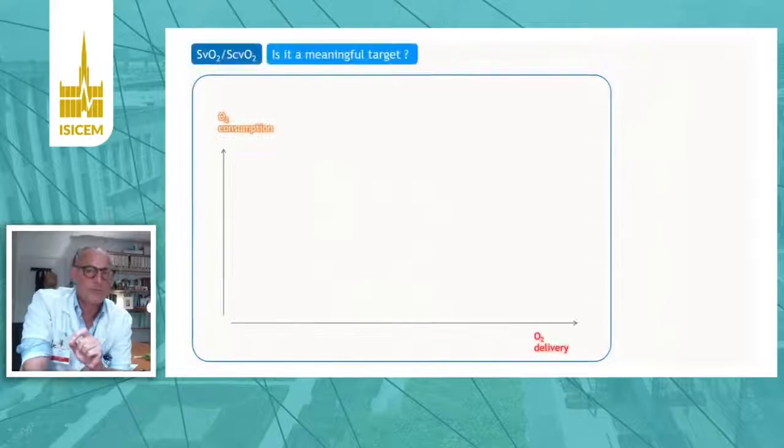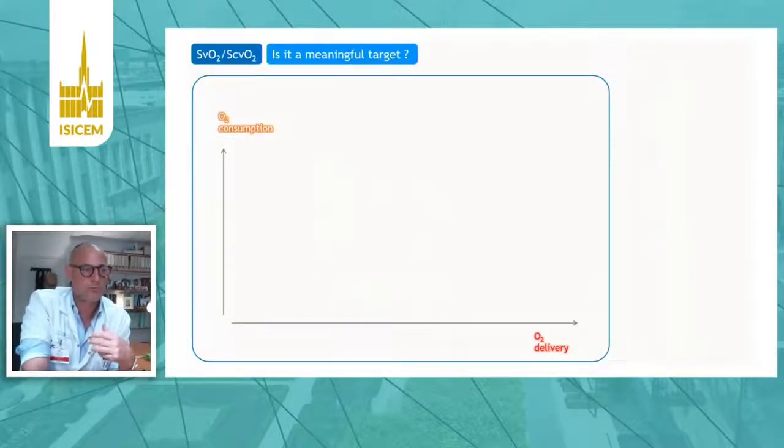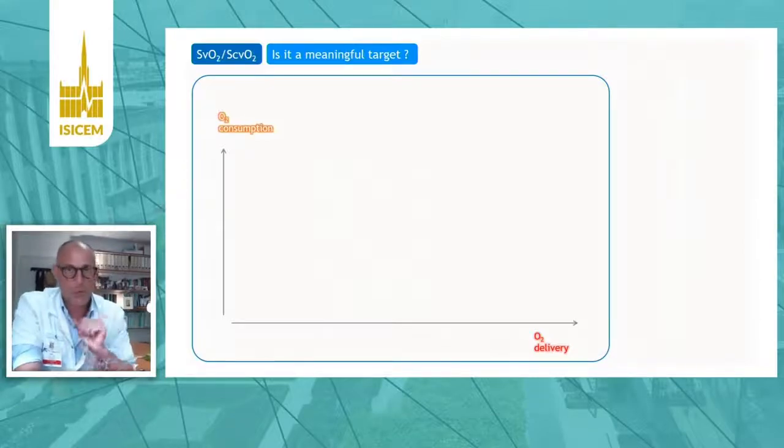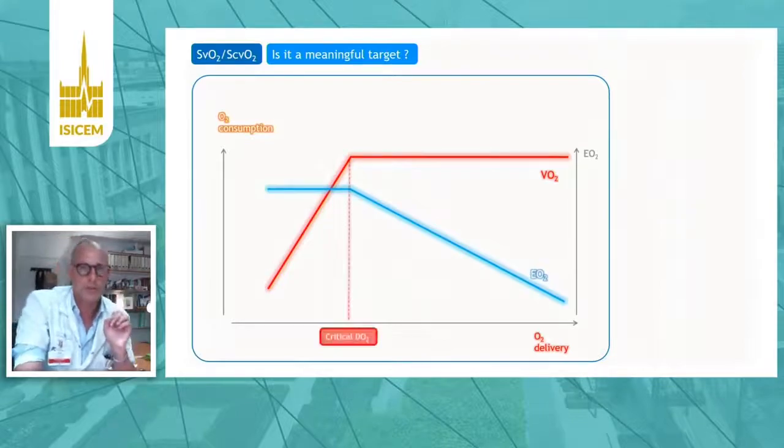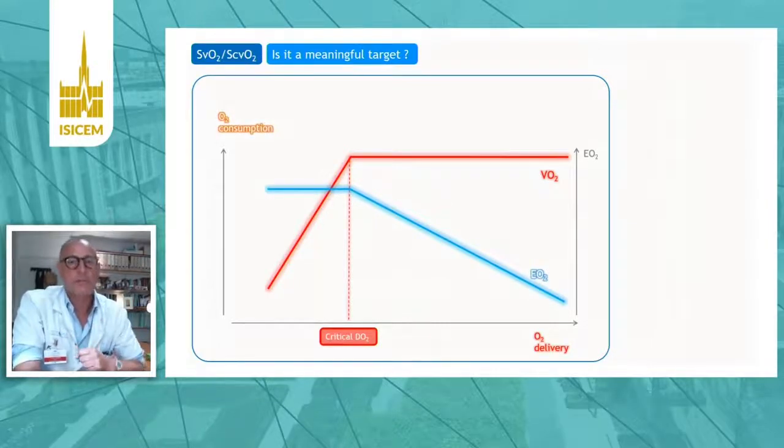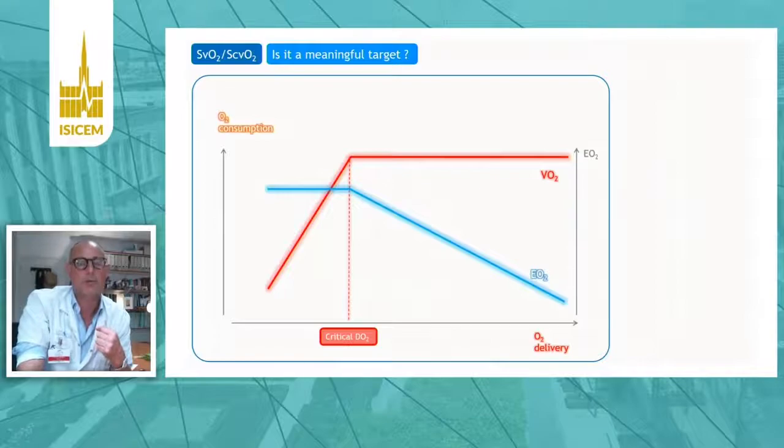Let's go back to this basic relationship between oxygen consumption and oxygen delivery. And you know that initially during shock, when DO2 decreases, initially oxygen consumption remains the same, which means that cells still function normally. And of course, this is allowed by an increase in oxygen extraction due to the dilation of the microcirculation.